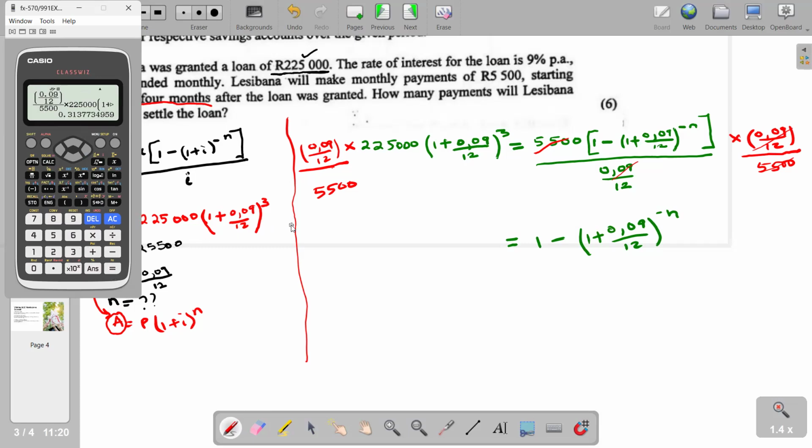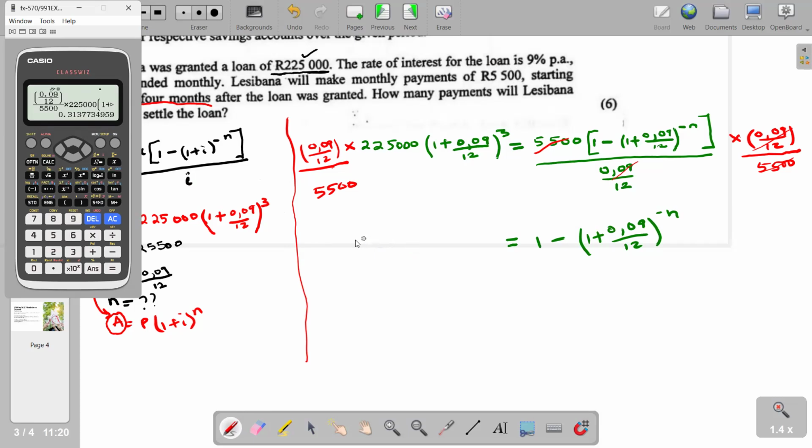So here we are getting 0.3137734959. So that is what we are going to get on our left-hand side.